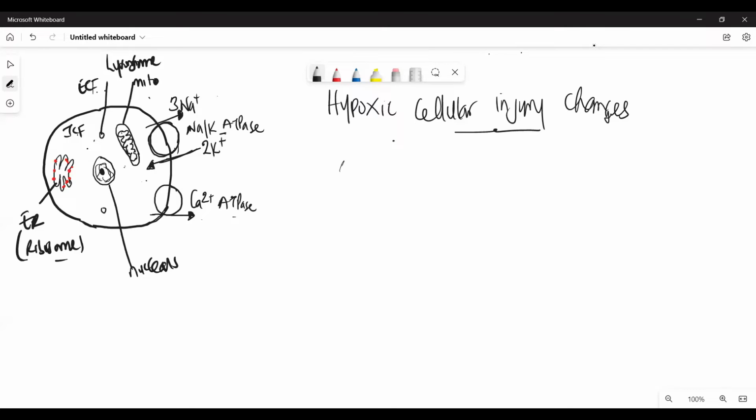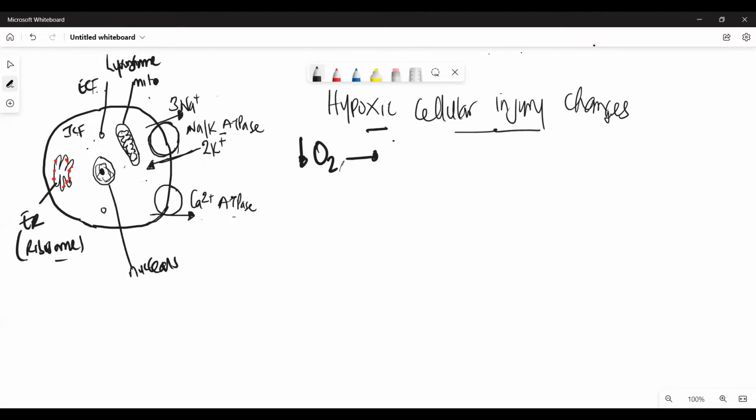So in hypoxia, like we said, hypoxia is decreased tissue oxygenation. As a result of that, we'll not be able to produce ATP from the mitochondria.